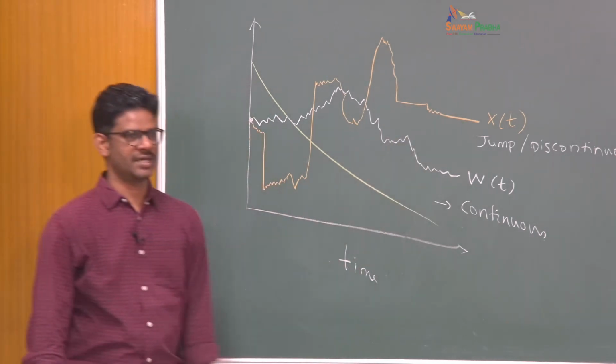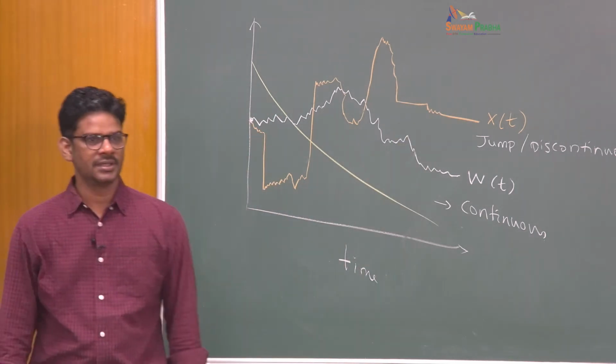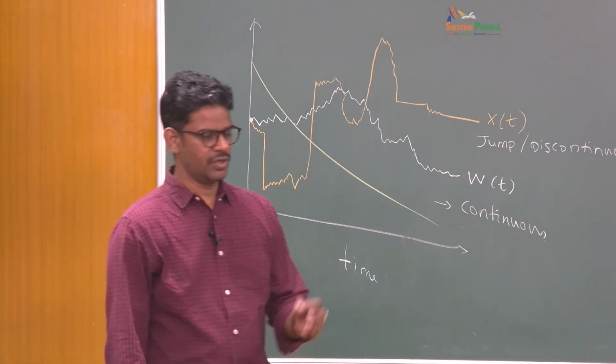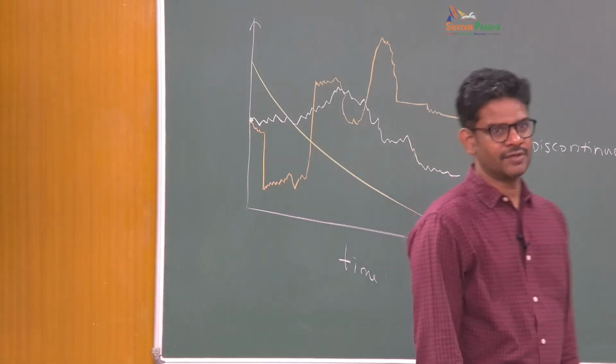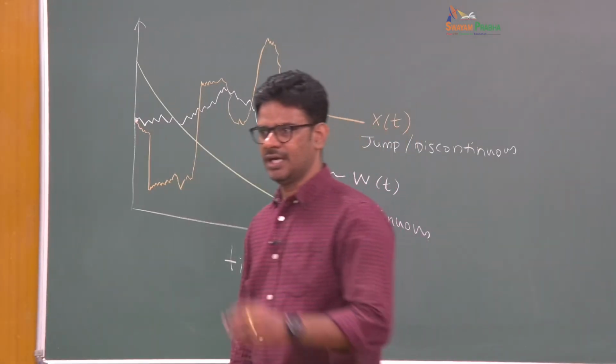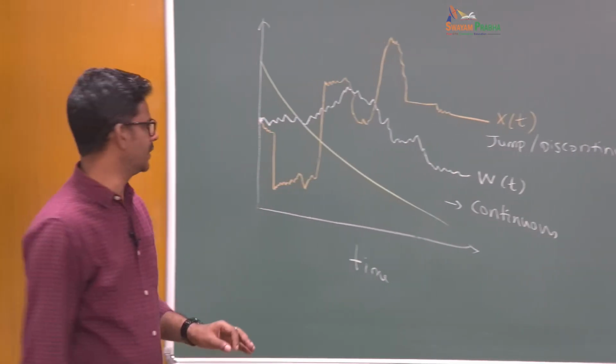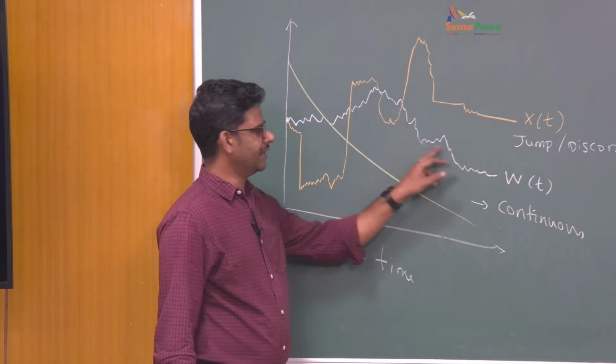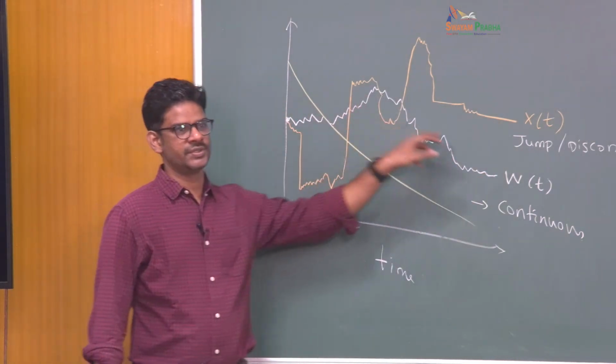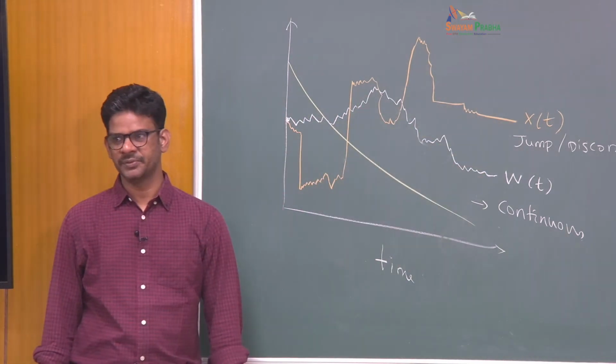processes? For example, if I have a gas and I am looking at the molecular velocity of these molecules, and if I make a plot of molecular velocity as a function of time, you are likely to see this kind of continuous variation about some mean value.